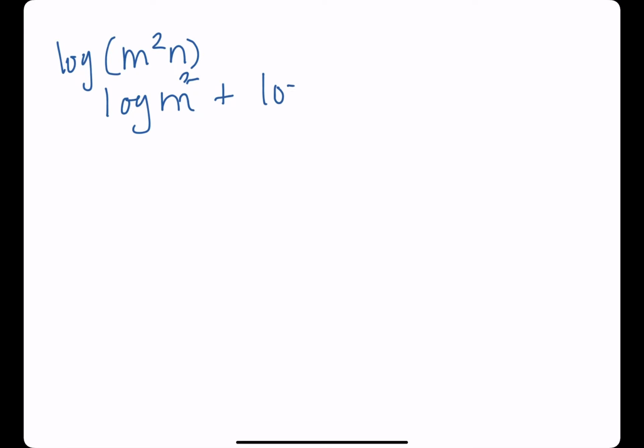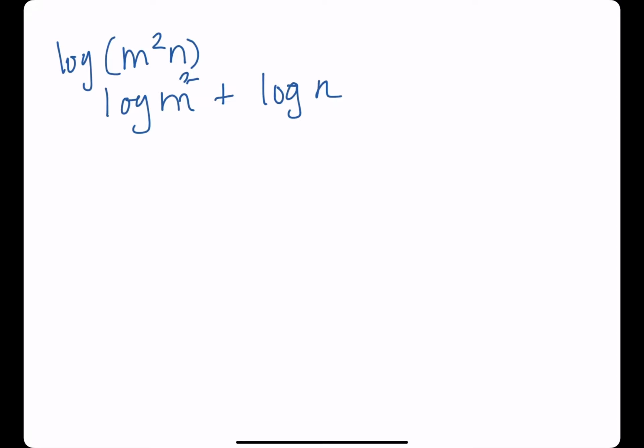You might be given something like log of m squared n, and they might ask you to expand that. Well, that's a multiplication problem. So first you'll take your m squared and your n and make it an addition problem, because multiplication is addition.